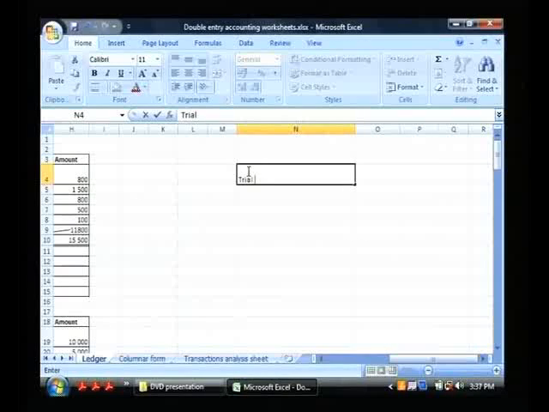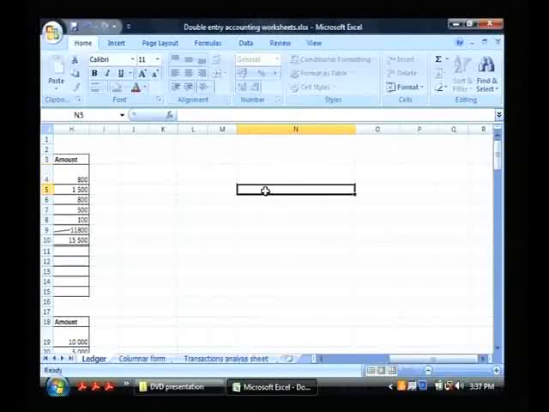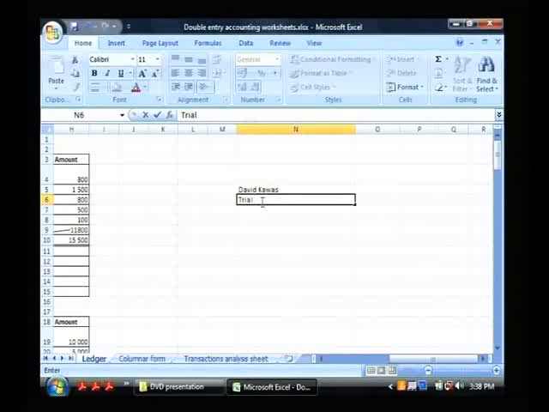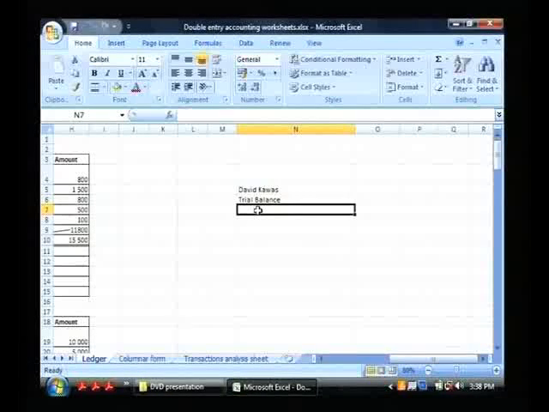Just write trial balance. Better to write the complete title. A complete title means the name of the business. In this case, it is David Kawas. That is the first line, to write the name of the business. Then title of the statement, it is trial balance. And third is the time period.